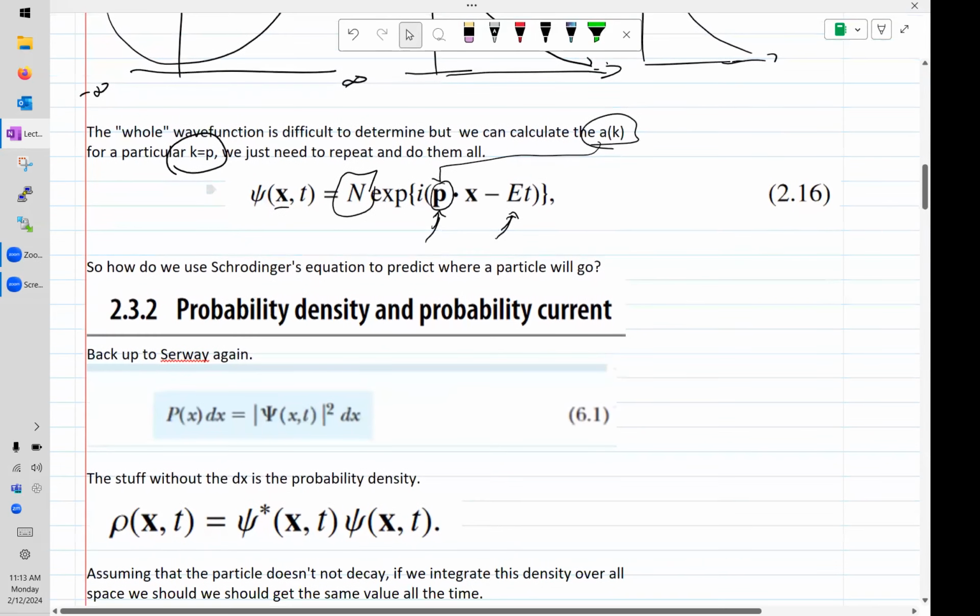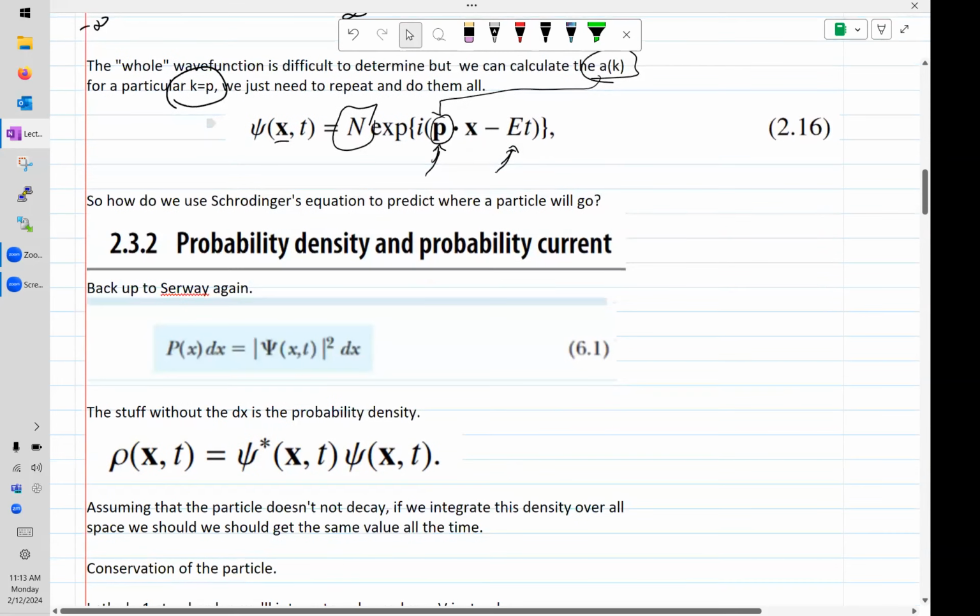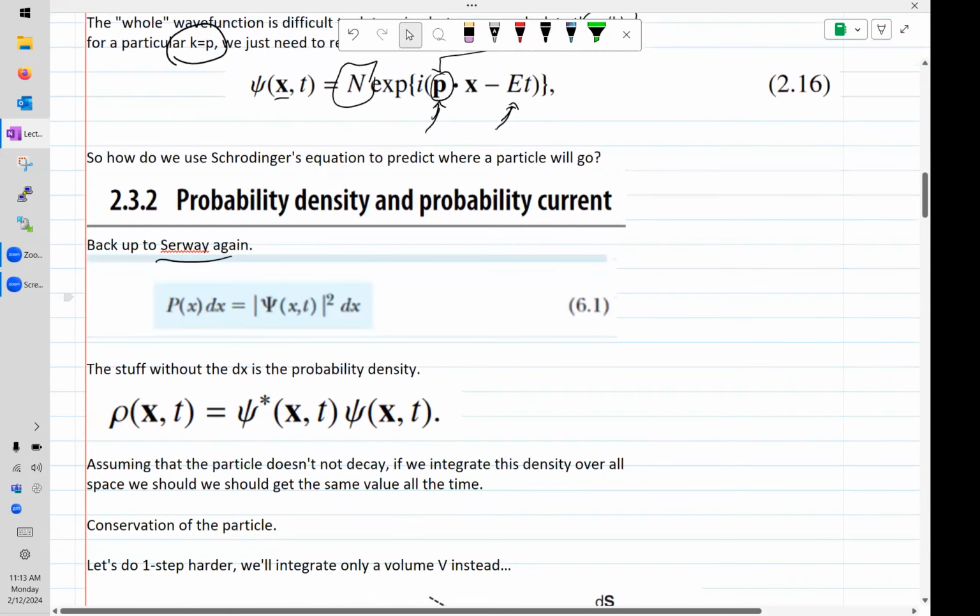Okay. So how do we use the Schrodinger equation to predict, for example, where this particular particle is moving around? Where is it going? Okay. So now we're going to go back to the Serway Modern Physics book again, where it defines this probability. Unfortunately, Serway uses a slightly different nomenclature compared to mine, so I'm just going to scribble over it.